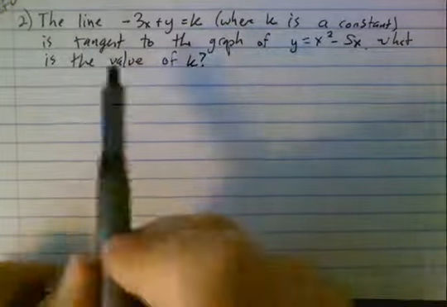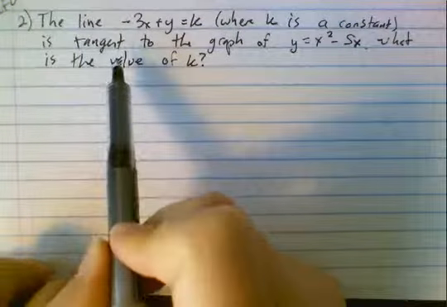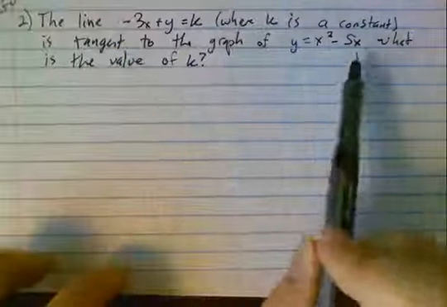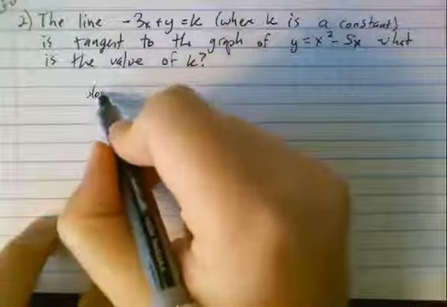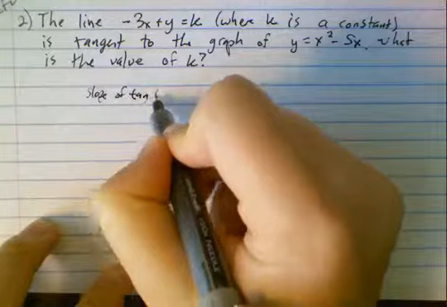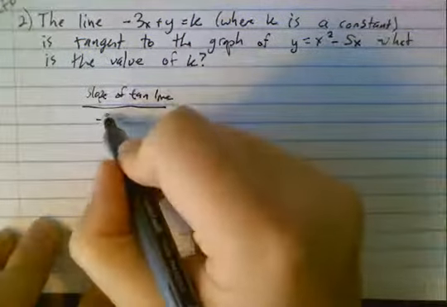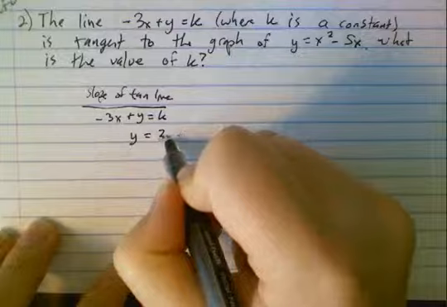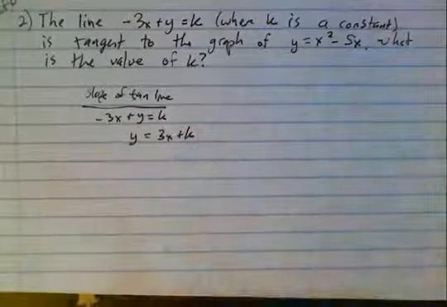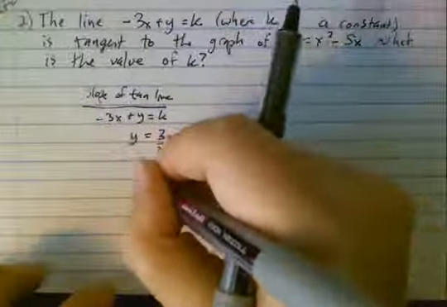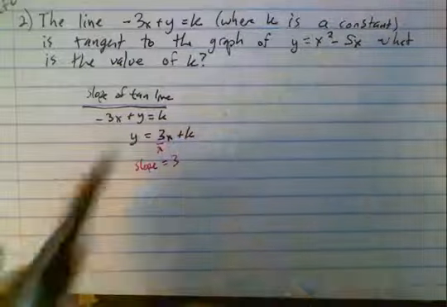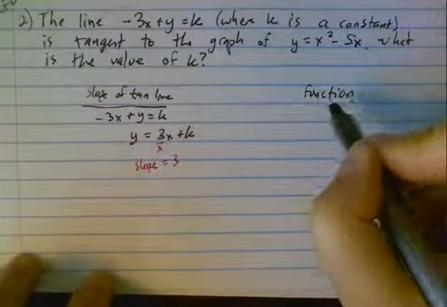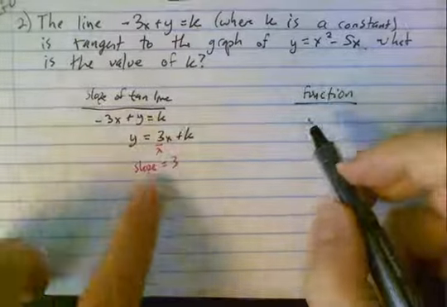Okay, so once again we know this is a tangent line, so that means that the slope of this tangent line equals the derivative of this at some point. So here we found the slope of the tangent line.